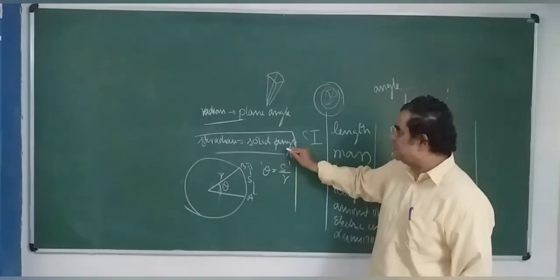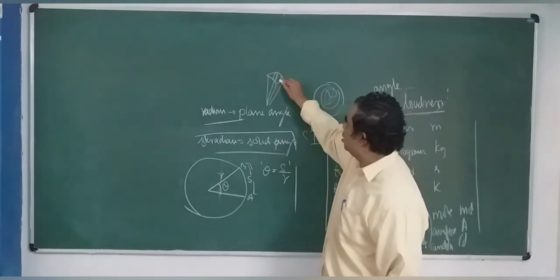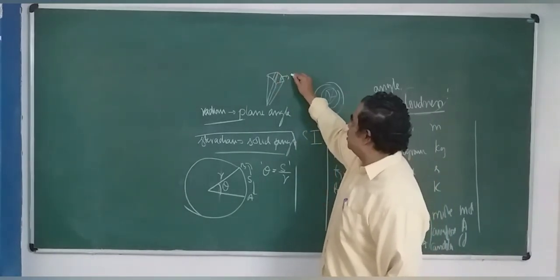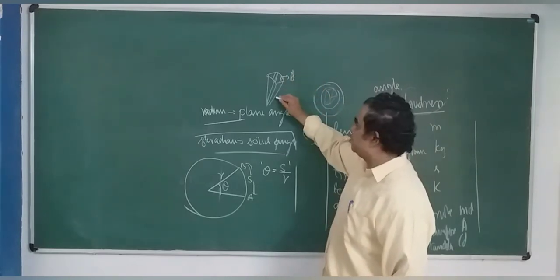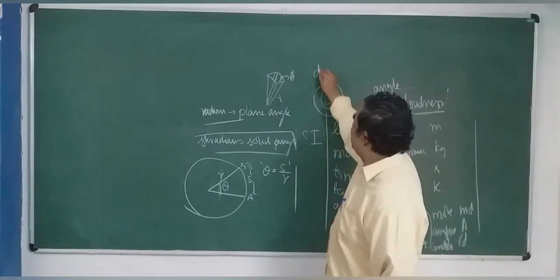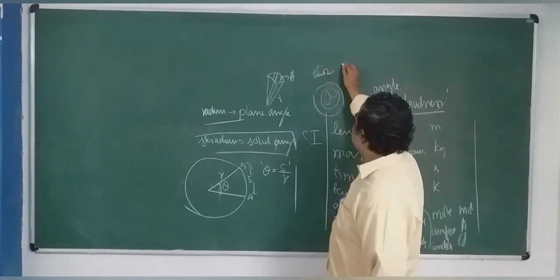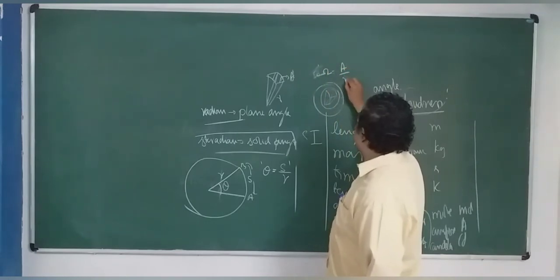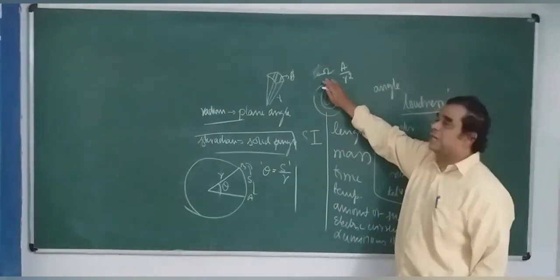Now with this we start defining solid angle. Solid angle is the ratio of the area cut on the surface of the sphere, and if r is the radius of the sphere, then solid angle omega is defined as the area cut divided by the square of the radius. So this is the definition for solid angle.